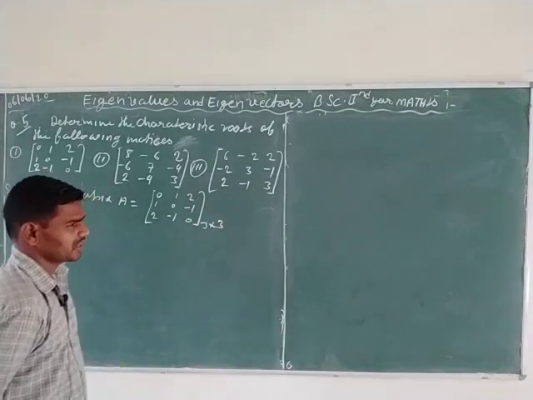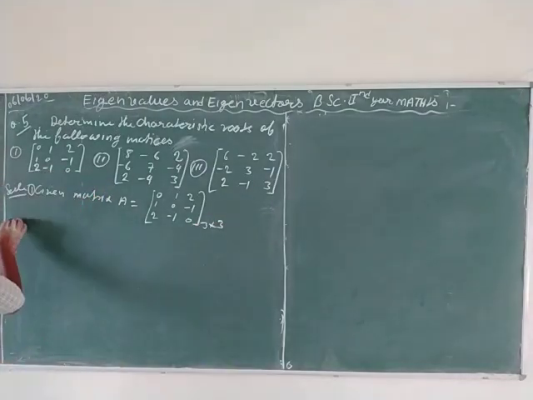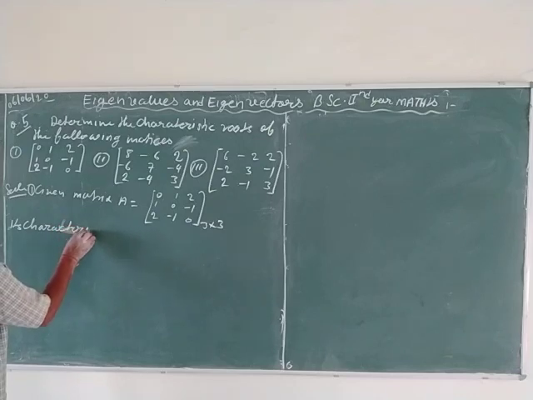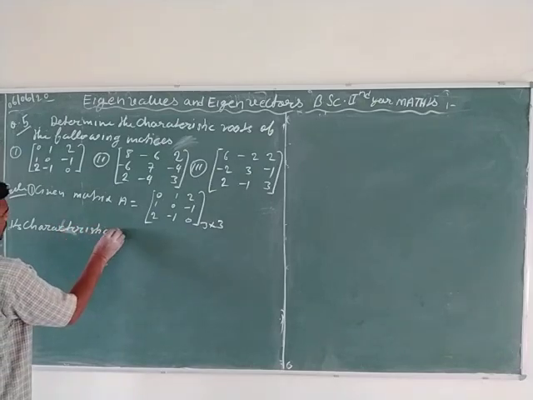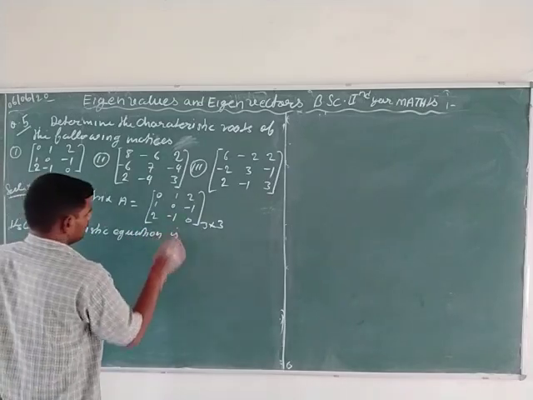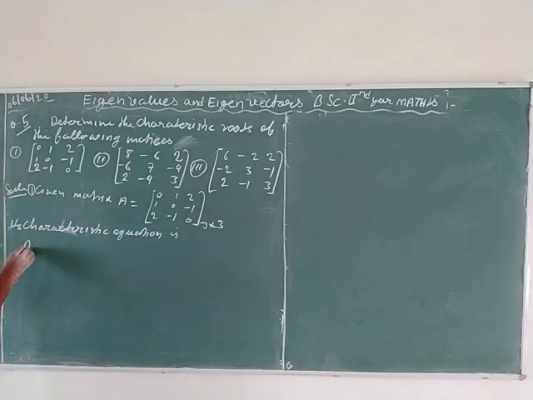Write its characteristic equation. Its characteristic equation is determinant of A minus lambda I is equal to 0. Here I means the identity matrix of 3 by 3 order.